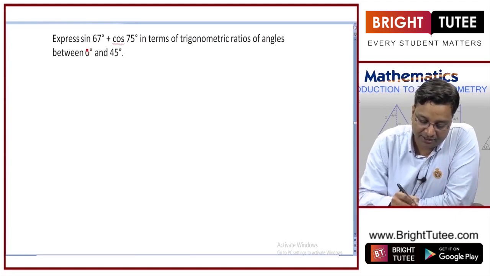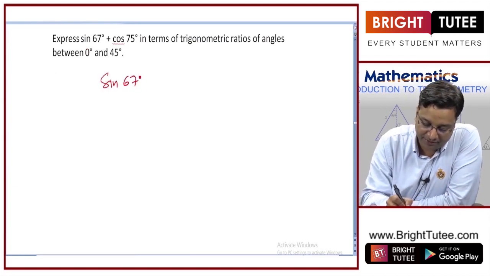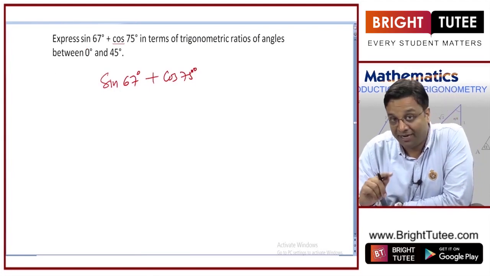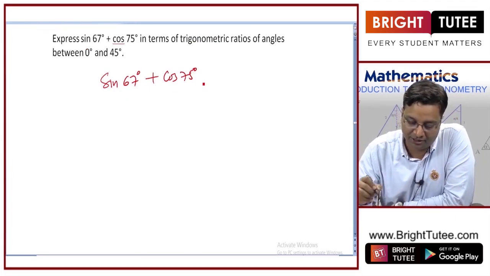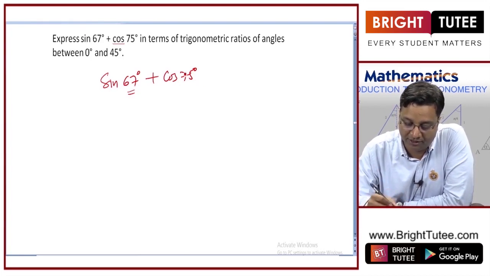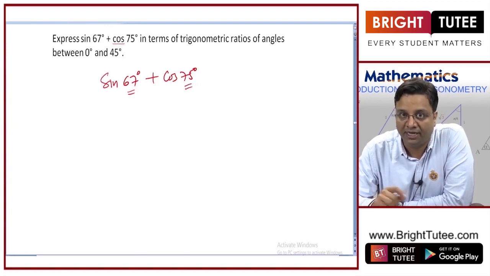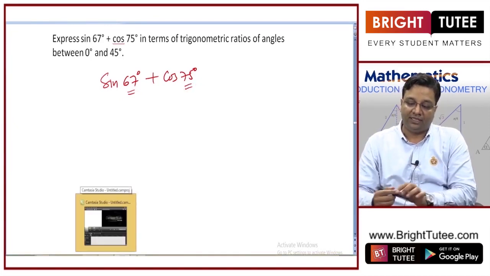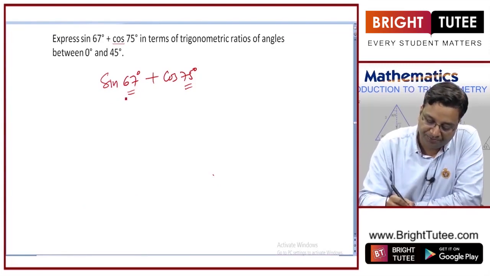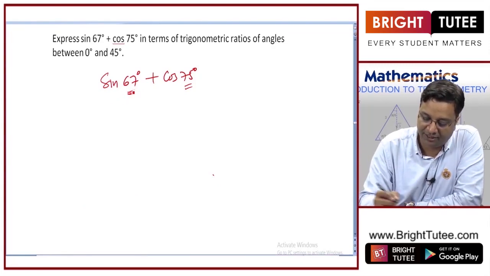The next question says sin 67 degrees plus cos 75 degrees. We have to express this expression in terms of trigonometric ratios of angles between 0 and 45 degrees. This is 67 degrees, this is 75 degrees, and we need to bring these angles down to between 0 and 45 degrees.